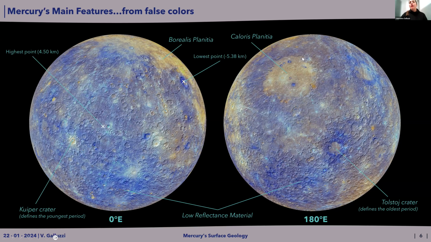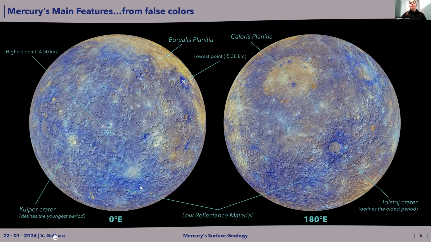So this is a very important basin on Mercury, and as you can notice, the topography around it is resurfaced because of its impact with respect to the plains that are very far from the basin.